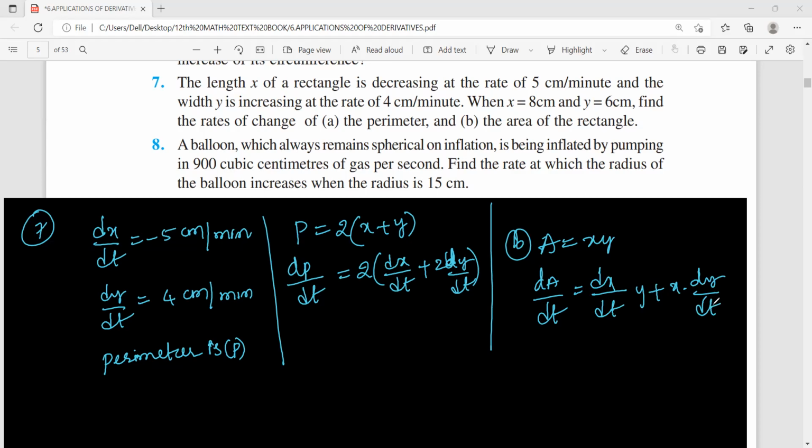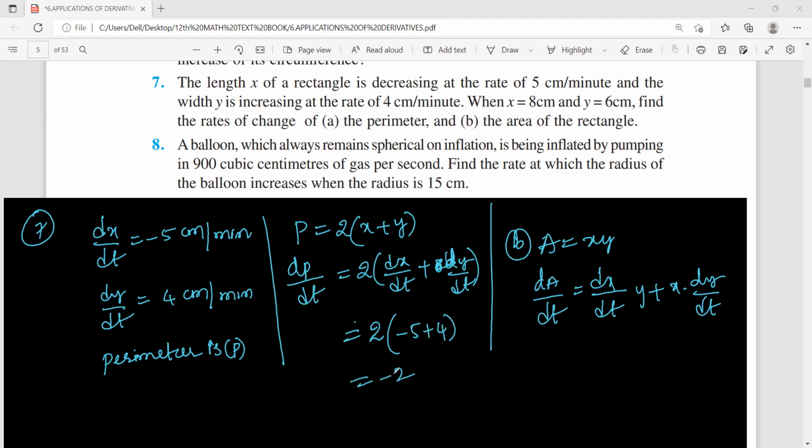Perimeter change is minus 2 centimeters per minute. So it is decreasing.